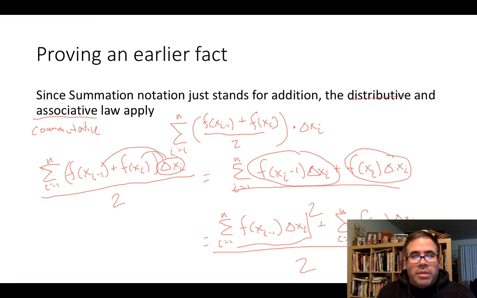This term, in summation notation, is the left sum, or LRAM as they say in the book. This is the right sum, or RRAM as they say in the book. And this is just the average of the left and the right sum.